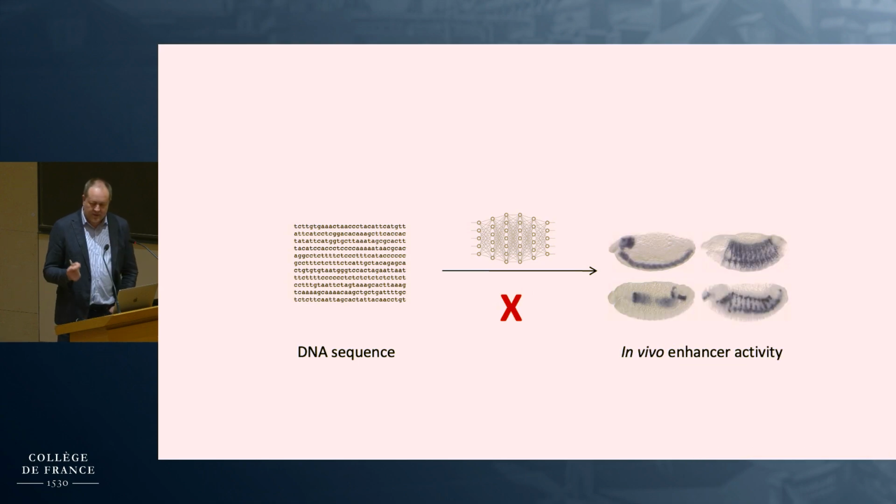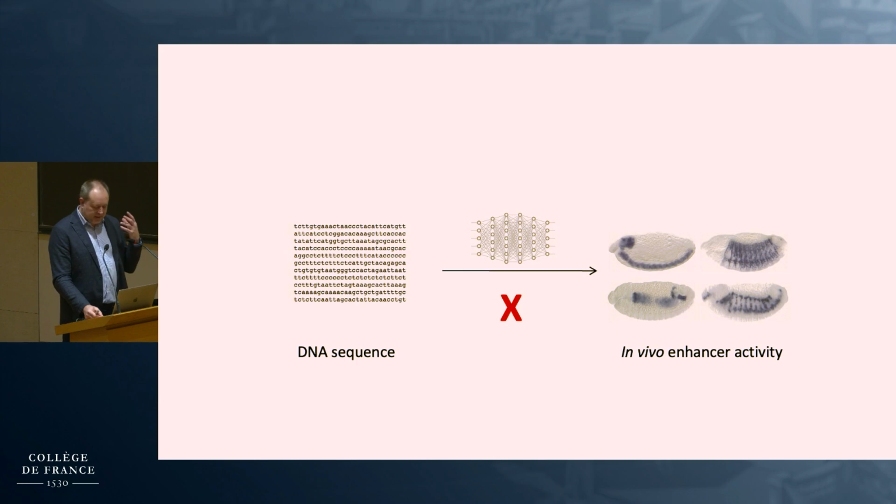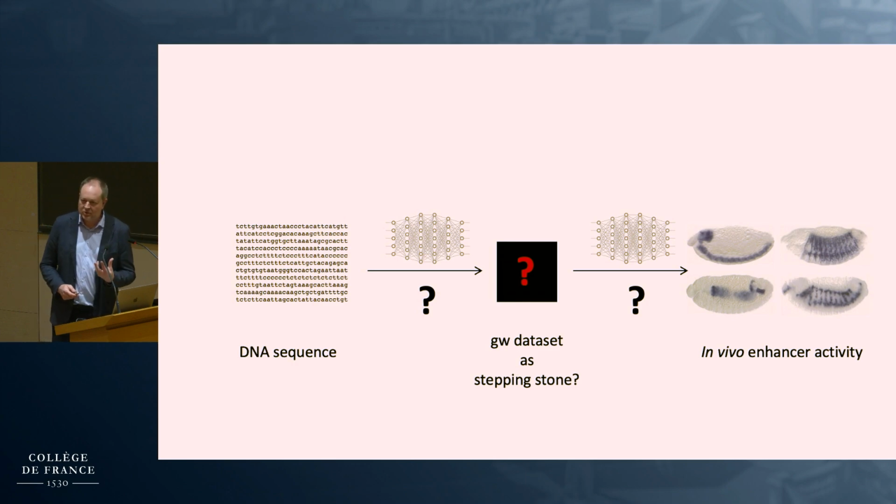But if we go back to these enhancer activities that we're so fascinated about in vivo, that trace different organ systems and drive development, I told you before that for these we just don't have enough training data to directly train such predictive or generative models. But in the meantime, Bernardo had an idea, and he argued that potentially he could achieve this goal through a stepping stone approach.